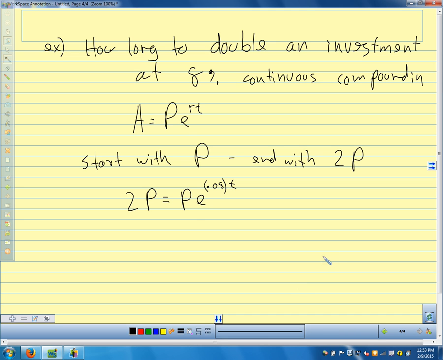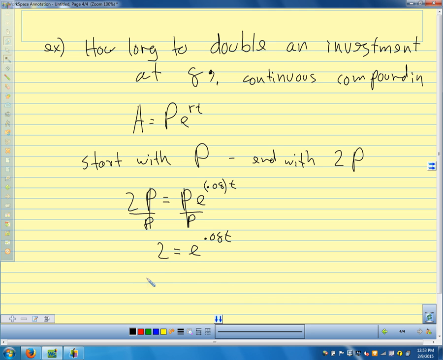Well, here's the really nice thing about this. I divide both sides by P. Those go away, and I get 2 equals e to the 0.08T. Doesn't matter what P is. Now how do we solve this? We have an exponential function by itself on one side.